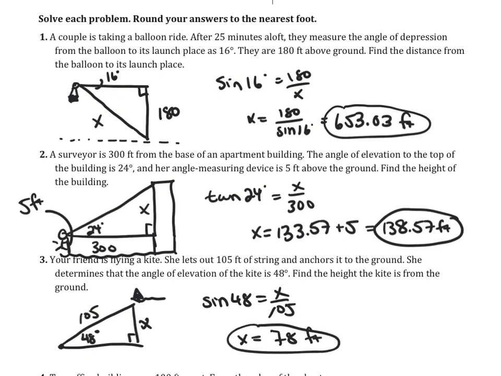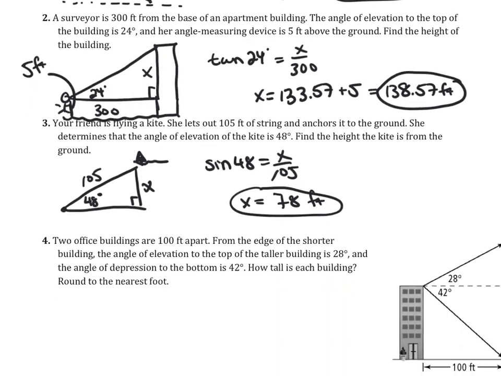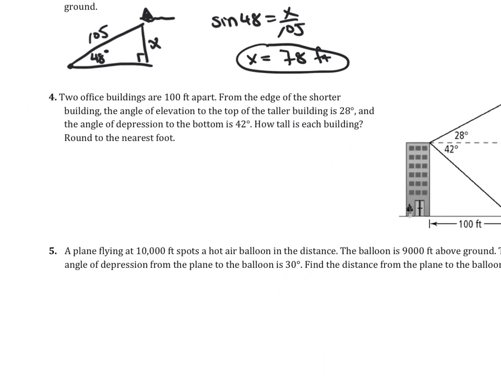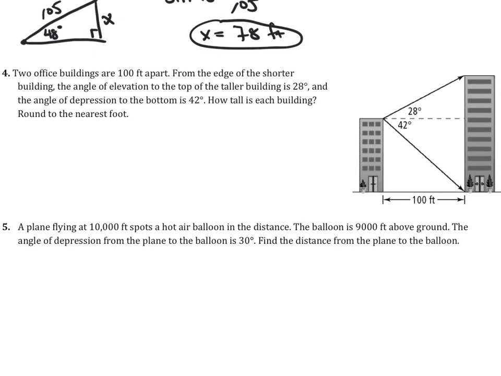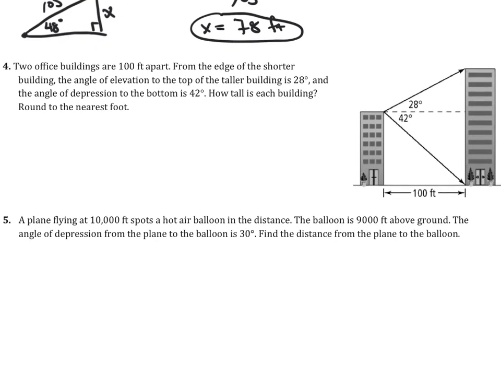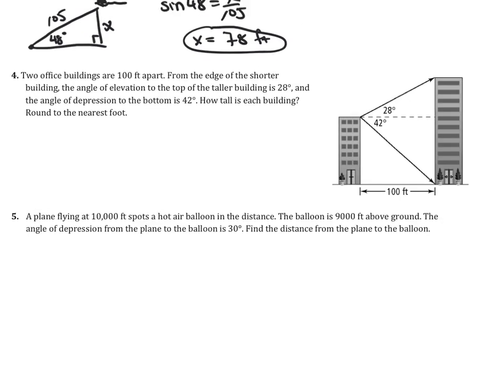All right, looking at the last two examples. In example number 4, we see that two office buildings are 100 feet apart.